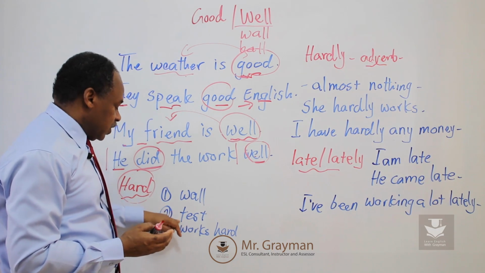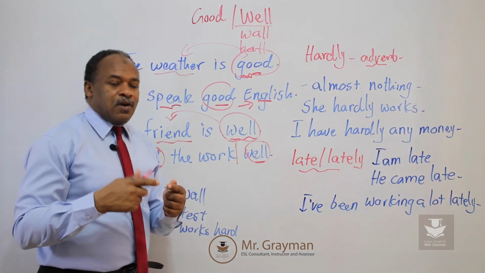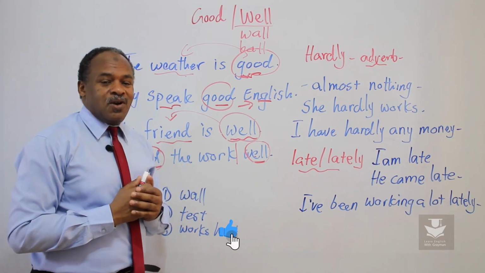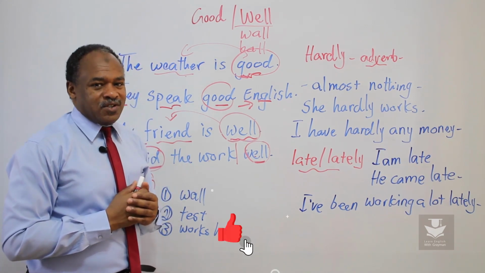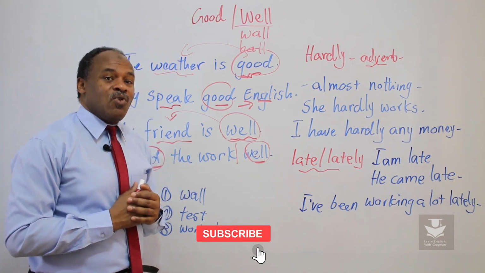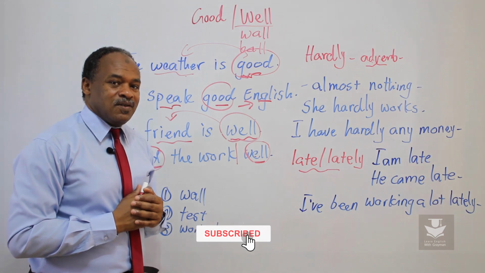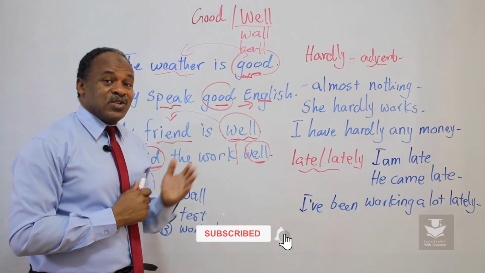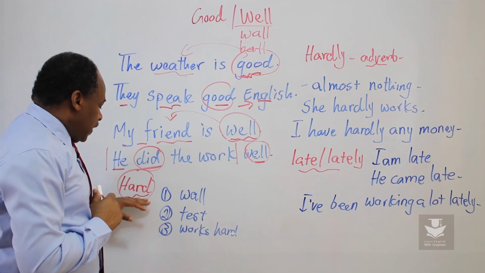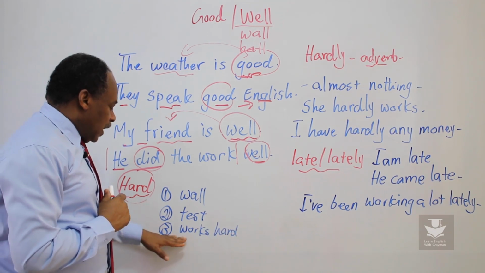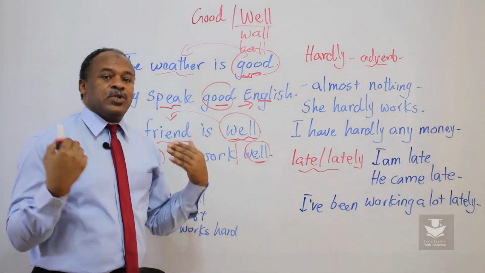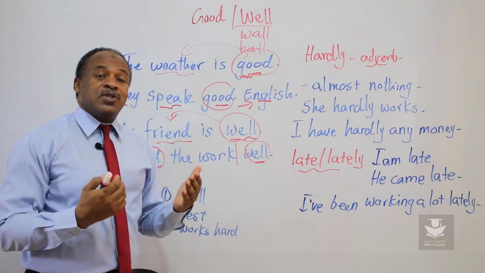Okay, let's look at this one. You come out of the hall, you finish the test. You say, hi, how was the test? Well, the test was hard. That means the test was difficult, not easy. That's another meaning of hard. And then we ask about, let's say, our friend Jim. How is he doing?